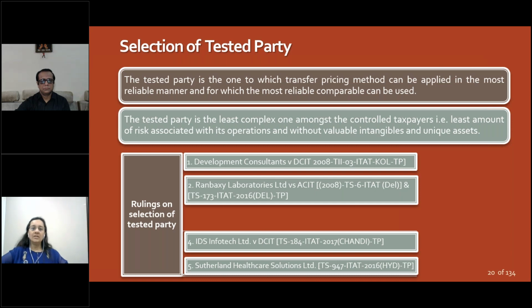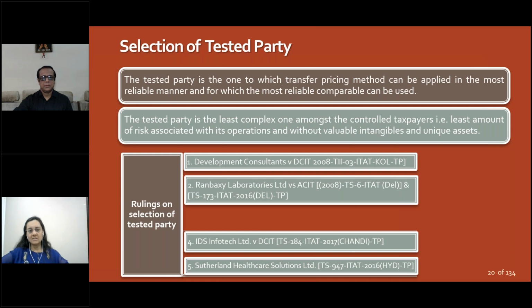So sometimes it is the limitation of the database or the availability of comparables that makes us use the Indian party. And sometimes genuinely the Indian party is the less complex party. It usually doesn't have intangibles. It's either giving basic services or it's importing critical raw material, doing basic manufacturing in India, or is a back office or doing some support R&D, etc. So the Indian party is usually the tested party.